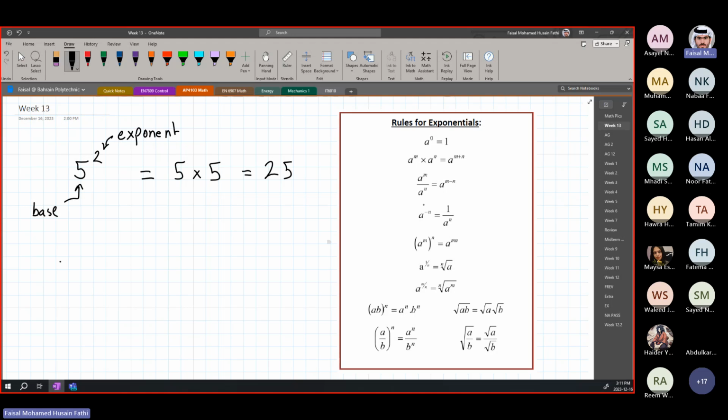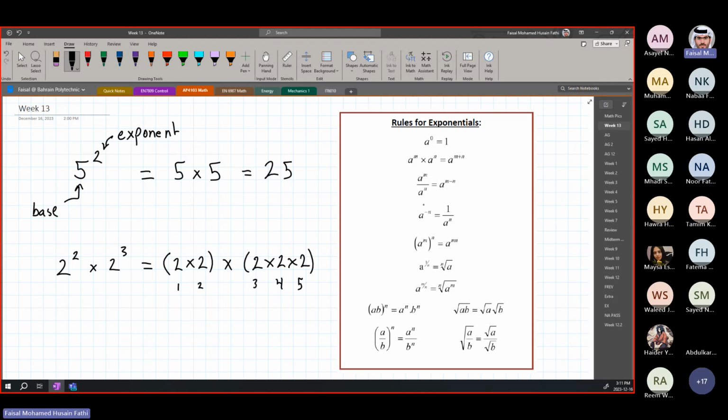Let's say we have 2 to the power of 2 times 2 to the power of 3. What does this mean? If we want to expand it, this basically means we have 2 times 2 times 2 times 2 times 2. So how many 2's do we have? We have 1, 2, 3, 4, 5.